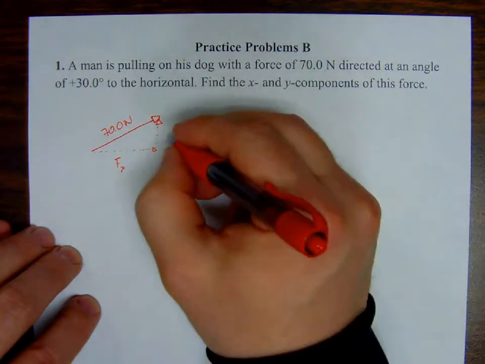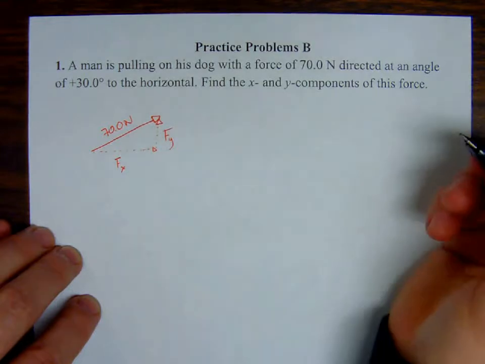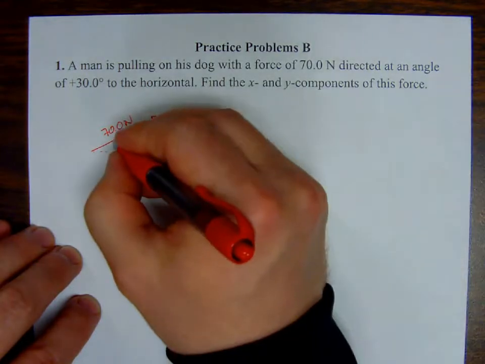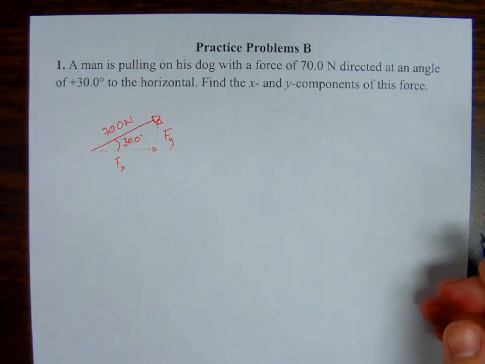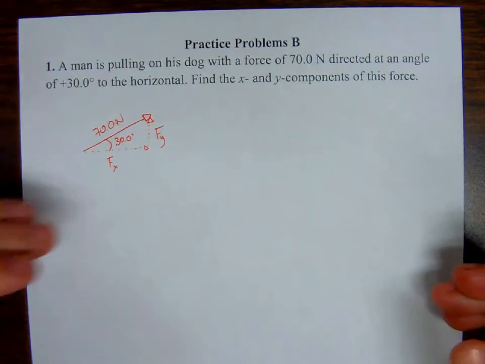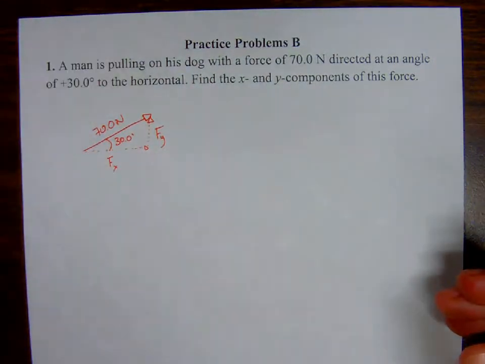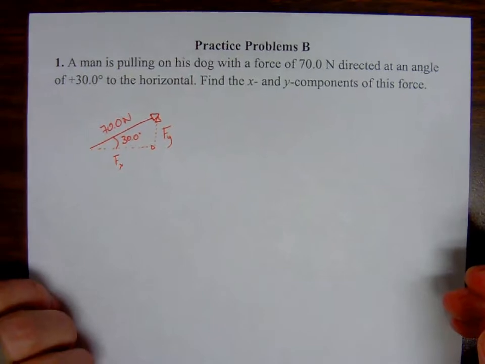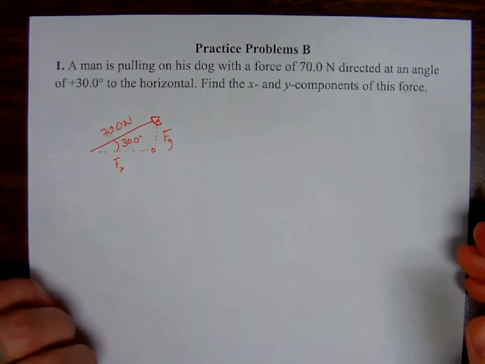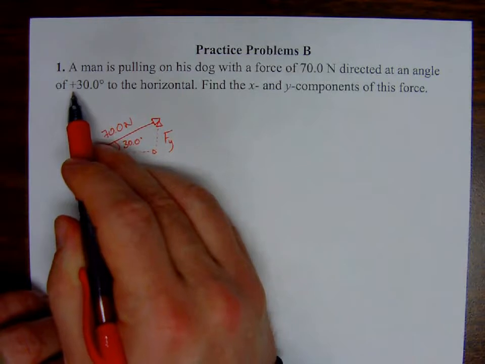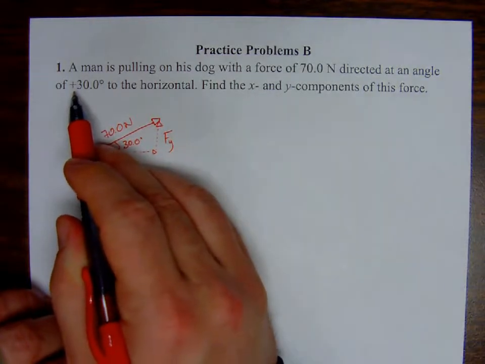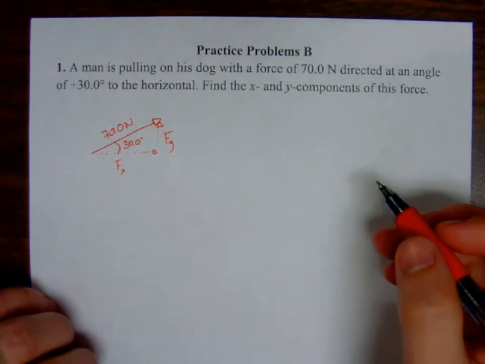And then here is that positive 30 degrees. Again, it's positive 30 because it is above the horizontal or x-axis. You could also say that it's above the x-axis because the question says positive 30. I guess that's more useful for you in figuring out these problems. But here's our diagram, and so we have everything that we need.